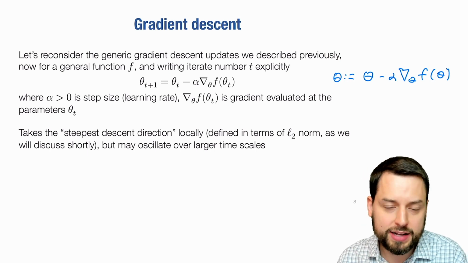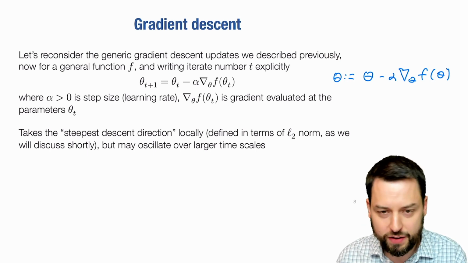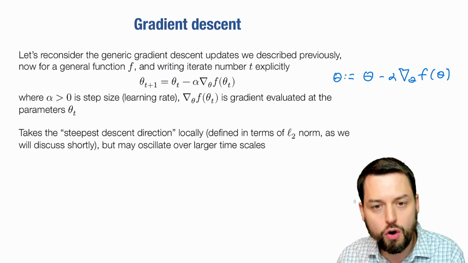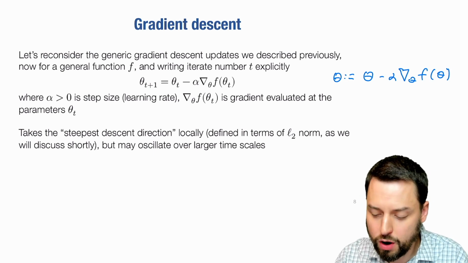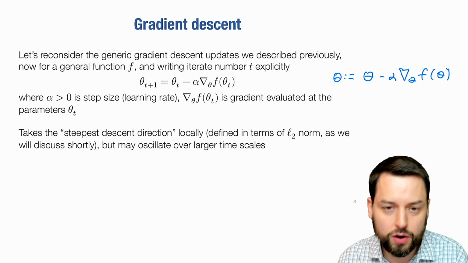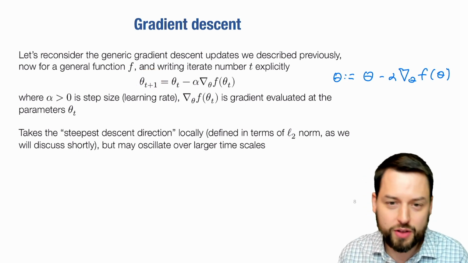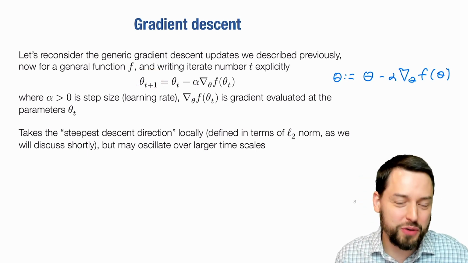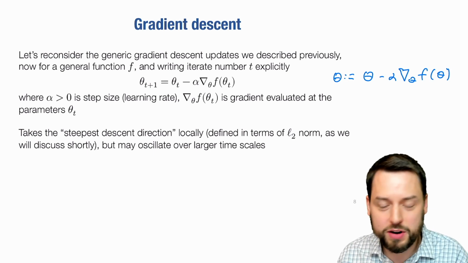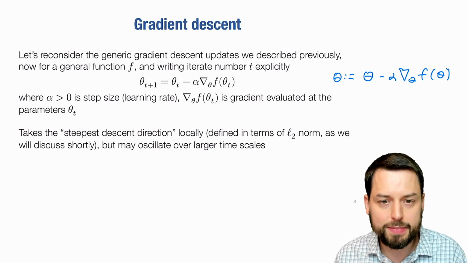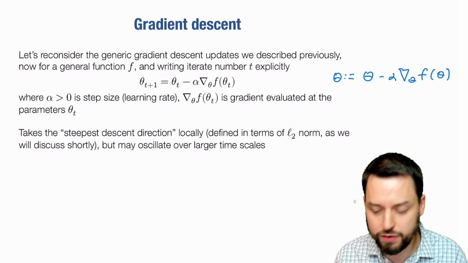But mathematically, it's nice to think about these in terms of a progression of these parameters over time. Of course, you don't want to store all the parameters from your first iteration of gradient descent to the end. You want to overwrite them, of course. But mathematically, it's nice to think about these things as evolutions over time.